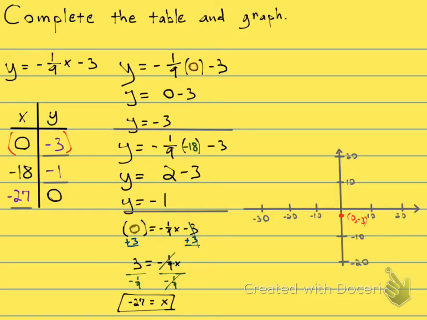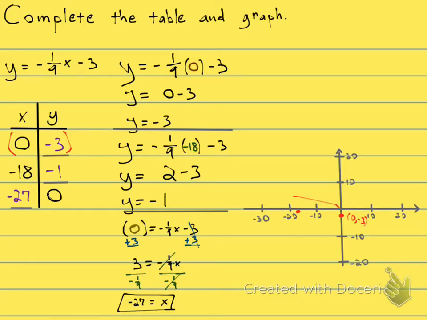My next point is -18 and -1. So I'm going to go back to -18, and then I'm going to go down to -1. So that's going to be somewhere about right here. And then my last point is -27 and 0.